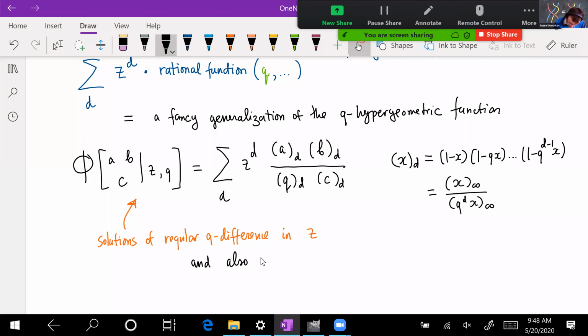And also in variables, not in all variables, maybe it satisfies a Q-difference equation in all variables, and also a difference equation.